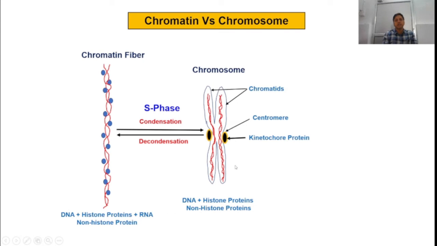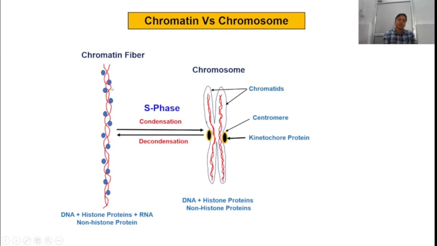But after condensation, transcription is inhibited and RNA will not be produced. So in case of chromosome, RNA cannot be observed along with the structure of chromosome. Chemically, the chromosomes are made up of DNA, histone protein plus non-histone proteins, but one cannot observe RNA.